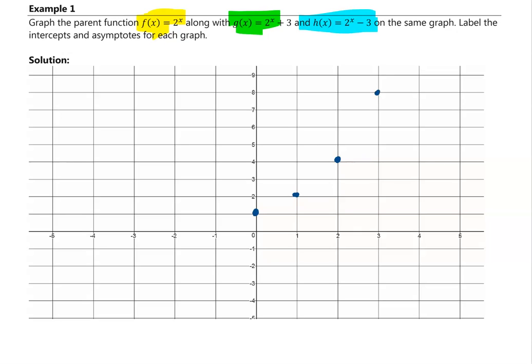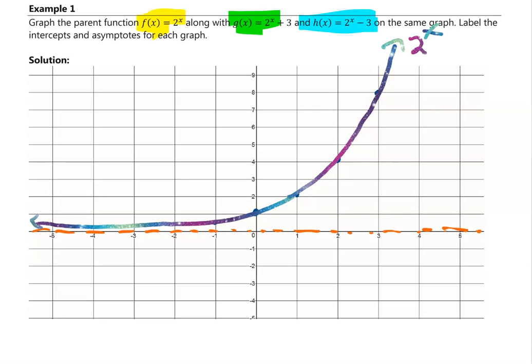And what else? 2 raised to negative 1 is 1/2. And we have a horizontal asymptote here. So our graph is like this. So this is f of x equal to 2 raised to x.